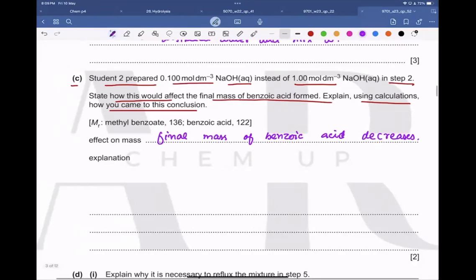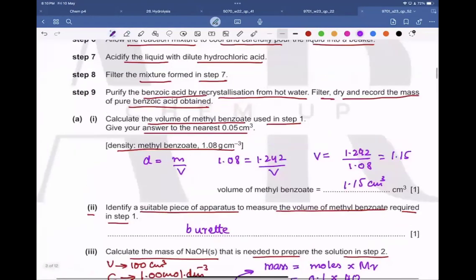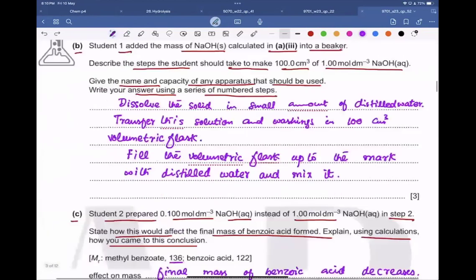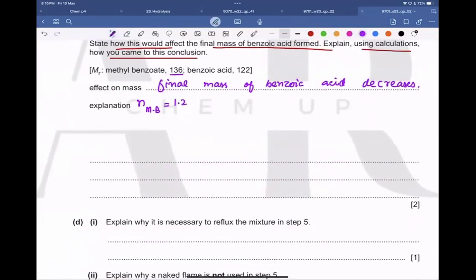If you see, what is the MR of methyl benzoate? 136, right? Let's calculate the moles of methyl benzoate, right? So how much mass of methyl benzoate have we used? 1.242 gram, right? So moles of methyl benzoate is 1.242 over its MR, 136. Can anyone calculate it and tell me the moles?